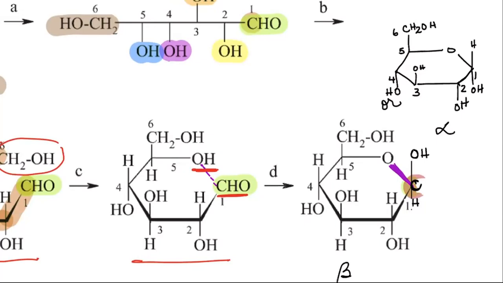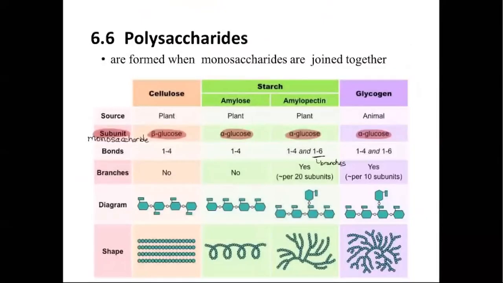Remember that I showed you guys that if you look at that position, if your sugar is beta, then the OH is going to be pointing up, while if you have alpha, as you can see here, the OH is pointing down. But again, every single one of these polysaccharides are built from specifically glucose. Now, what is the difference between these polysaccharides?